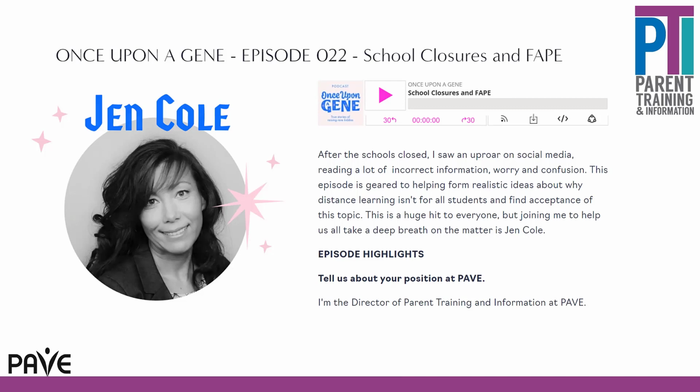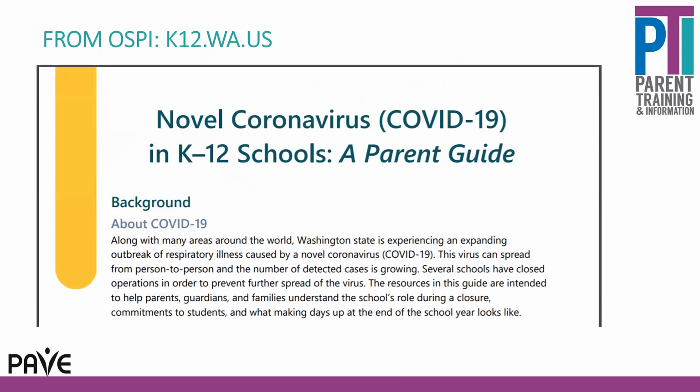Next slide, please. So the Office of the Superintendent of Public Instruction, OSPI, again, which is the state agency charged with overseeing and supporting Washington's 295 public school districts and 7 state tribal education compact schools. As communities respond to the COVID-19 outbreak, OSPI offers a downloadable guide for parents and families.